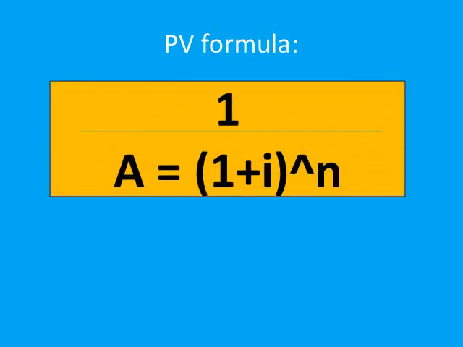This is the present value formula. If you still remember, the amount of 1 ringgit is (1 plus I) power of n. However, present value is 1 over A, or 1 over (1 plus I) power of n. That's why we could say that the PV is the opposite of the amount of 1 ringgit.